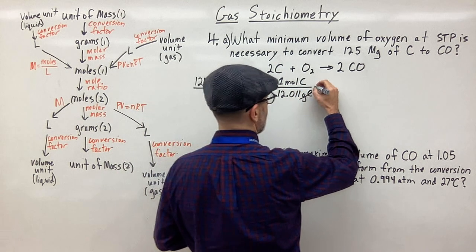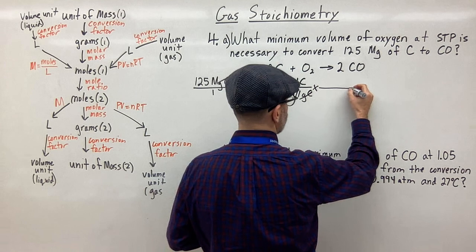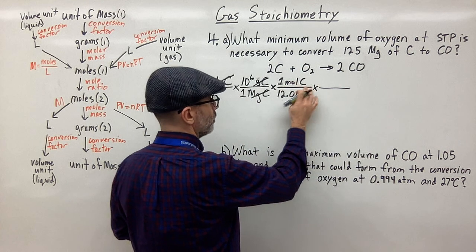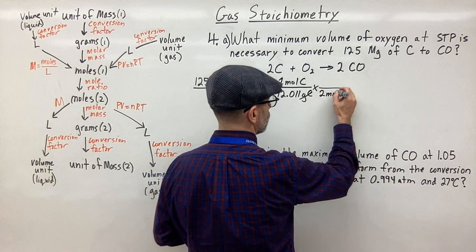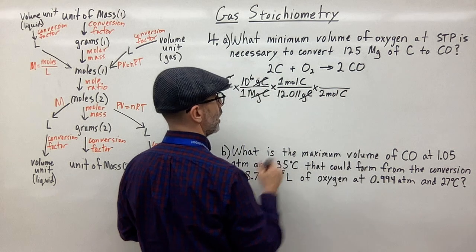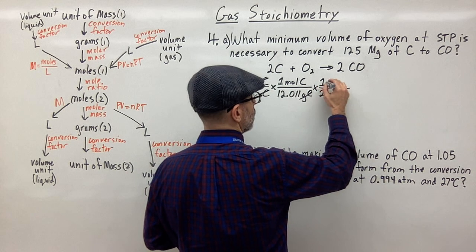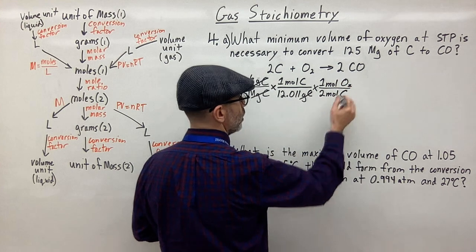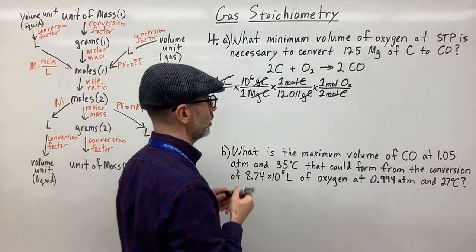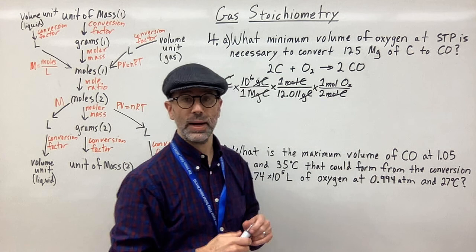We write that down as our conversion factor. I have moles of carbon on the top, so I'm going to put 2 moles of carbon on the bottom and 1 mole of oxygen on top. So moles of carbon cancel out. Now I'm at moles of my second substance.